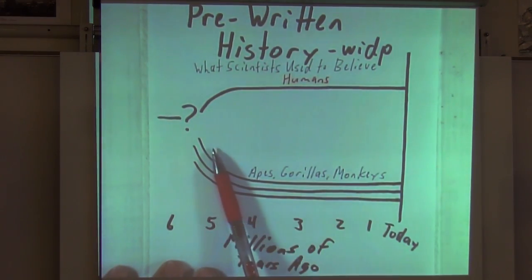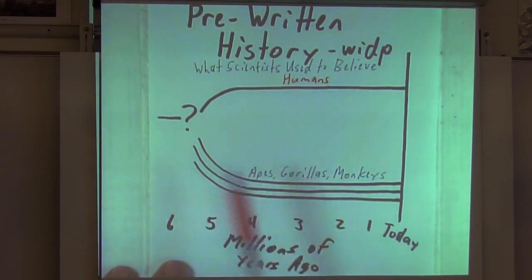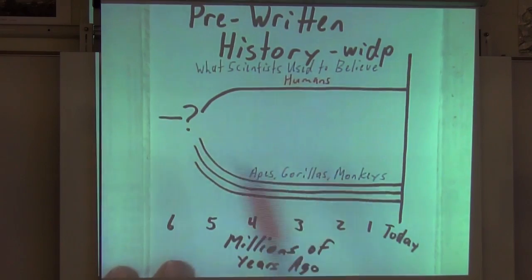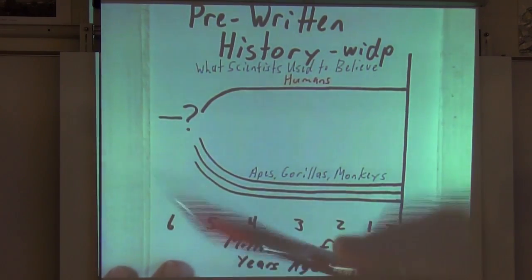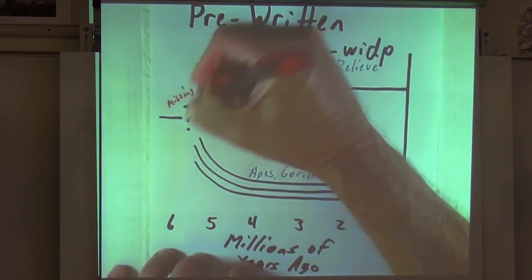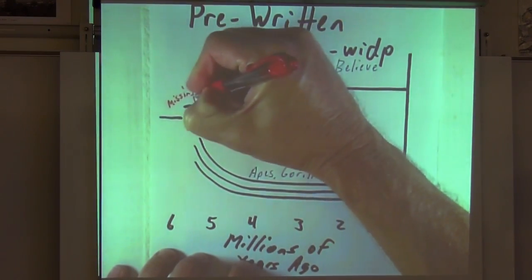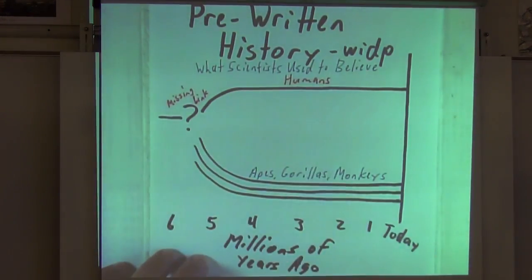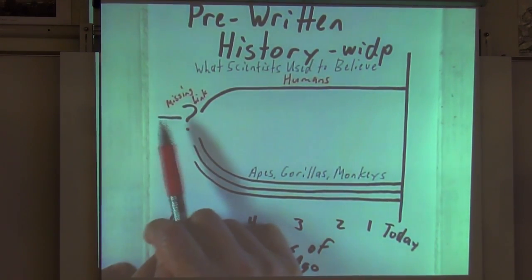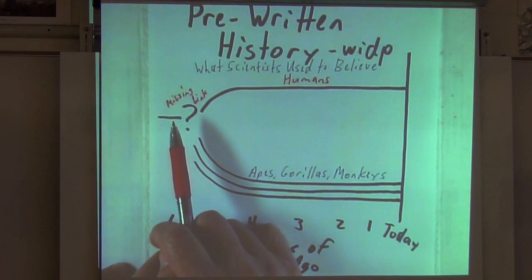Roughly 5-6 million years ago, there weren't multiple species. There was one. And sometimes you'll hear this called the missing link. This is a term that is used for this particular species that existed back here. Something like this has never been discovered.